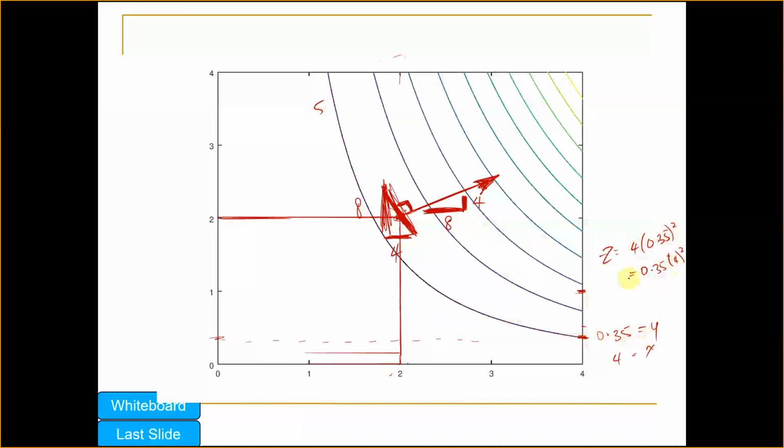Alright, what if it was this value, which is about double that? That's 0.7 and 4 squared, what's that? This is about 10. So this must be 5, 10, 15, 20, 25 and so on.